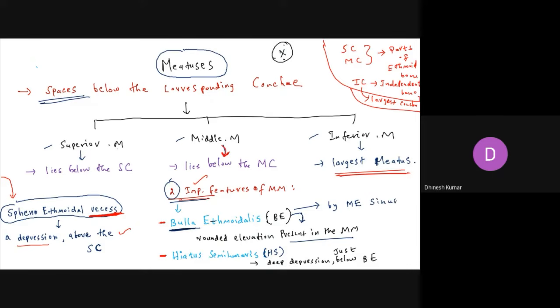If you want, you can remember it as BEME: BE means bulla ethmoidalis, an elevation present in the middle meatus produced by the middle ethmoidal air sinuses. Just below the bulla ethmoidalis, we have a semilunar-shaped depression called hiatus semilunaris.